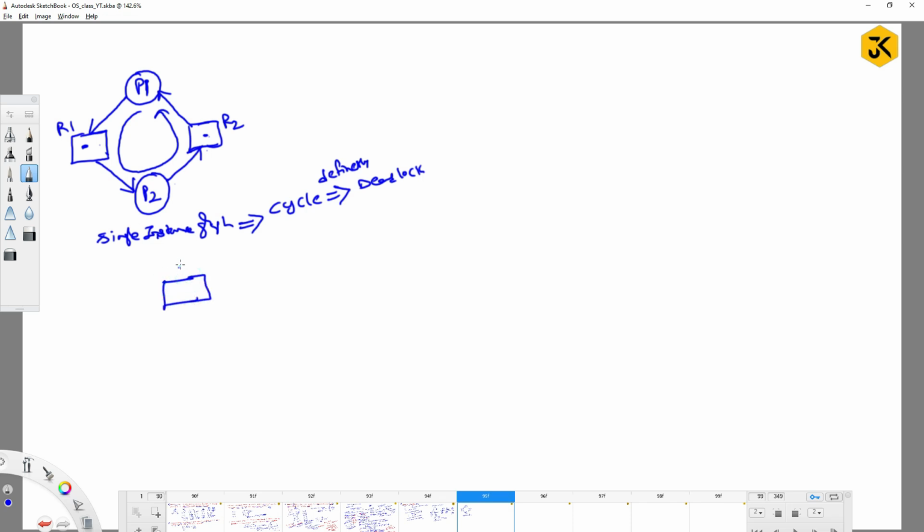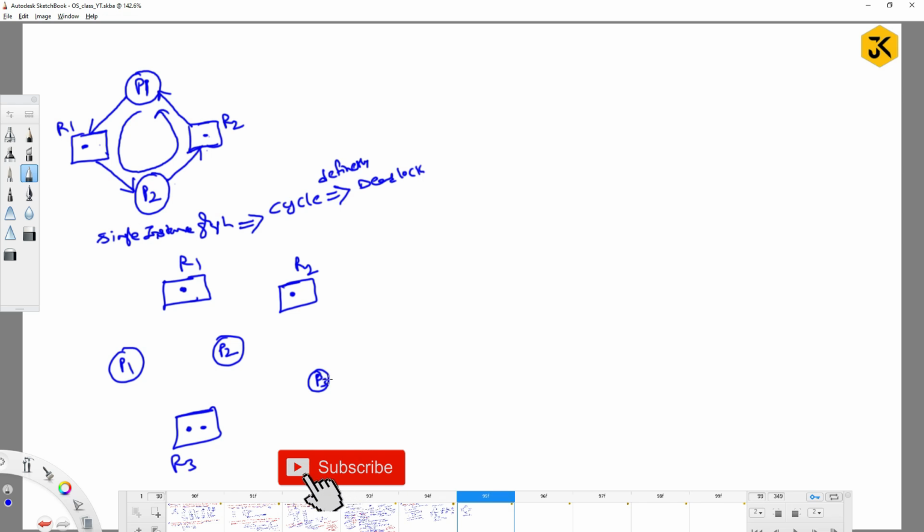Okay, fine. Let us try to draw one more RAG. Let us take a resource R1, a process P1, a process P2, resource R3, one instance of resource R2, one instance of resource R1, two instances of resource R3, and one process P3, and there will be three instances of resource R4.